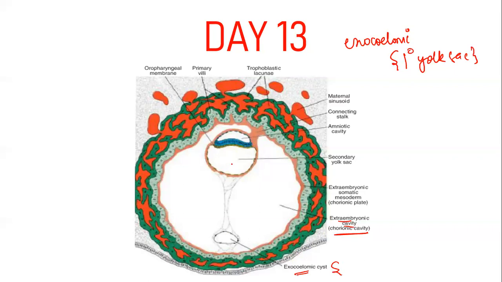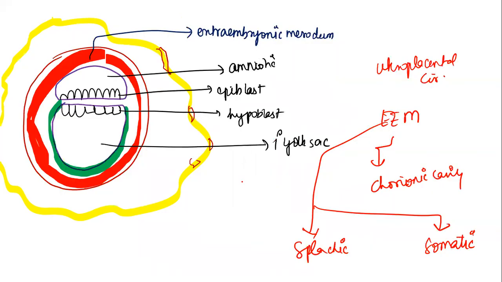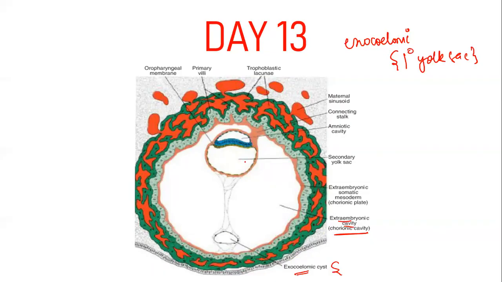And can you make out this structure, which was like a ring, has become very small because of the expanding cavity. So on day 13, the chorionic cavity expands, and the second thing that happens is the primitive yolk sac that was initially present is now being converted to a secondary yolk sac.